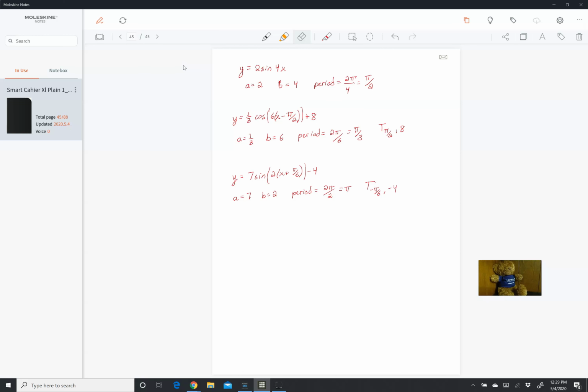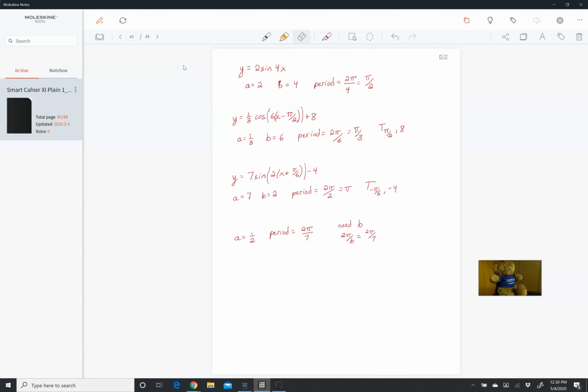And if you're told instead the amplitude is 1/2, the period is 2 pi over 7, and no translation, we won't do any translation, then if we want the graph, we need b, right? So 2 pi over b is equal to the period, which is 2 pi over 7.